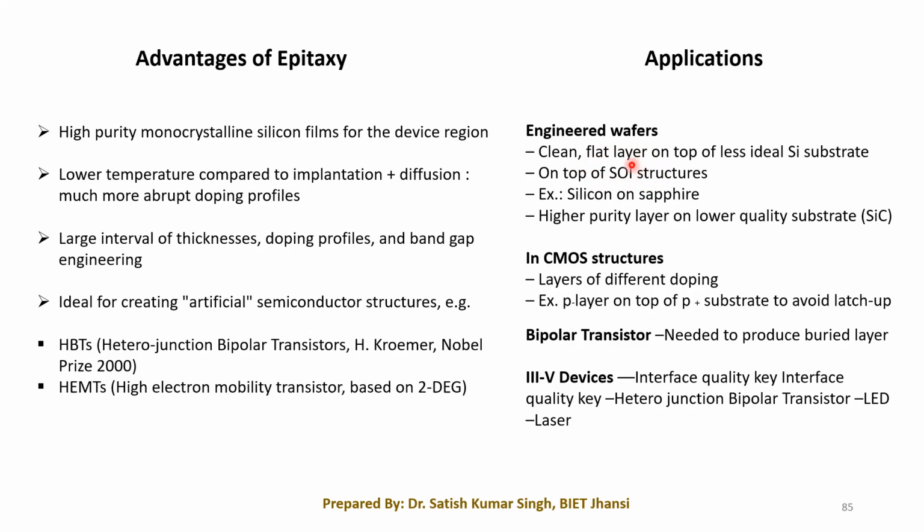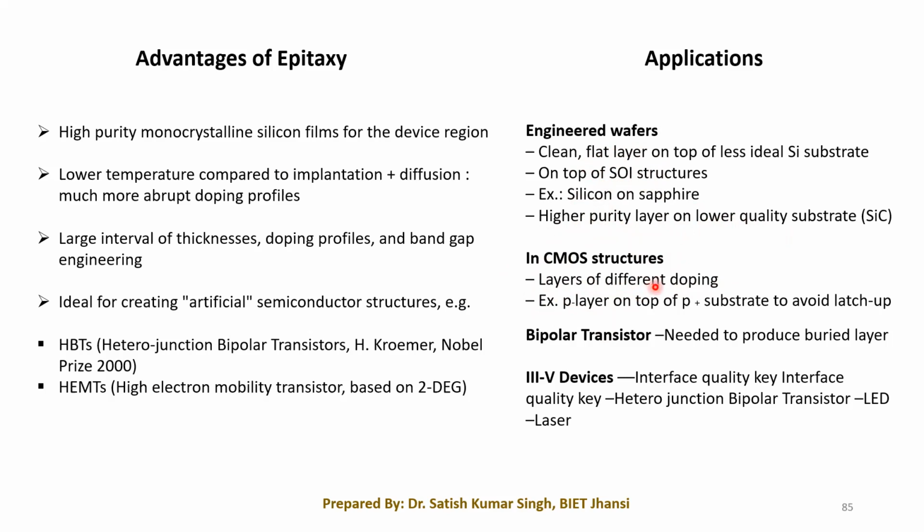Silicon on insulator is a high purity layer on a lower quality substrate. So you must have understood the purpose: to grow a particular layer that contains the specific properties of our requirement. Similarly, in the CMOS structure, layers of different doping can be obtained.